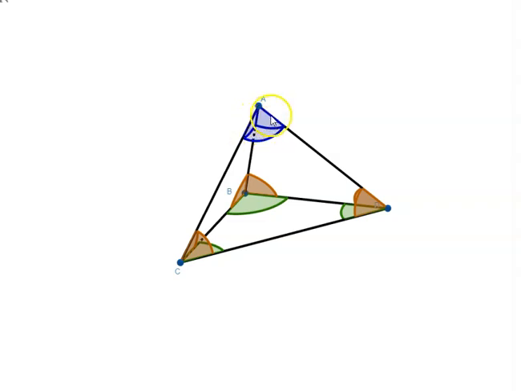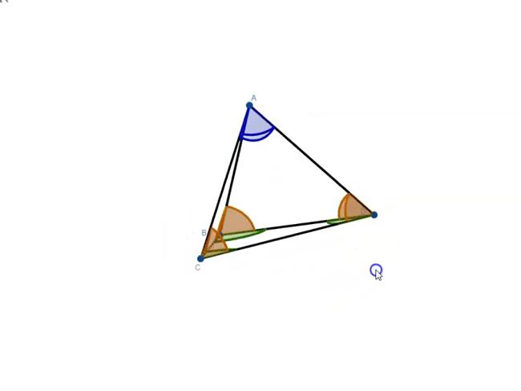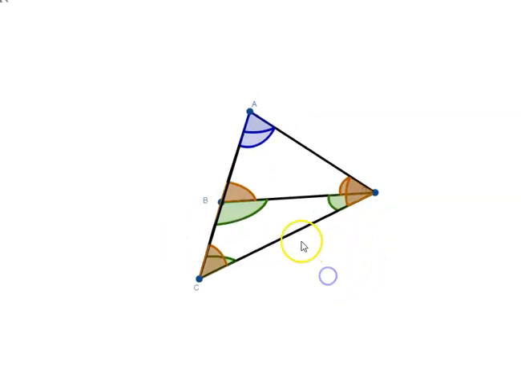That means the remaining 3 angles have to be less than 4 right angles, because totally there are 6 right angles. Sum of these two is greater than this, sum of these two is greater than this, sum of these two is greater than this. Now sum of these green angles is 180 degrees.